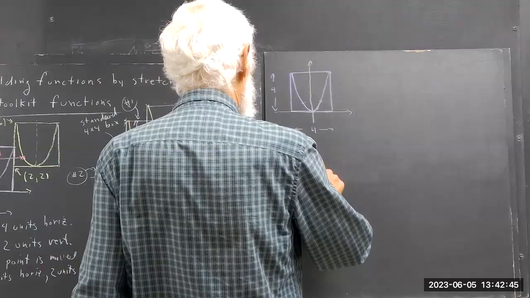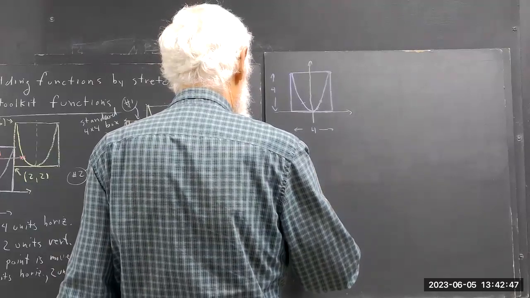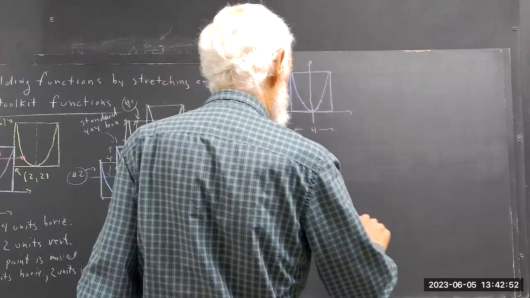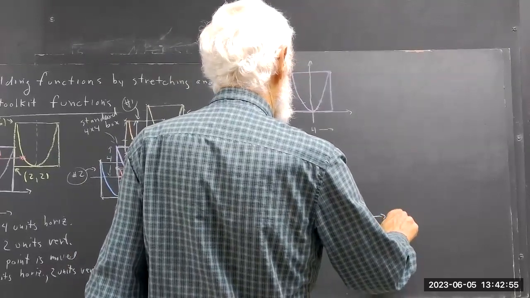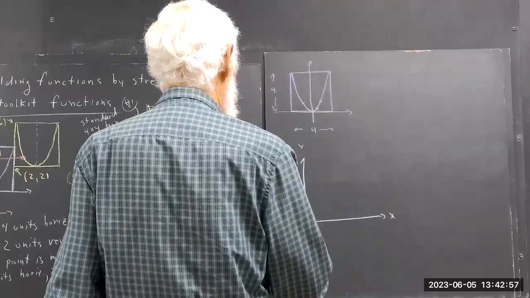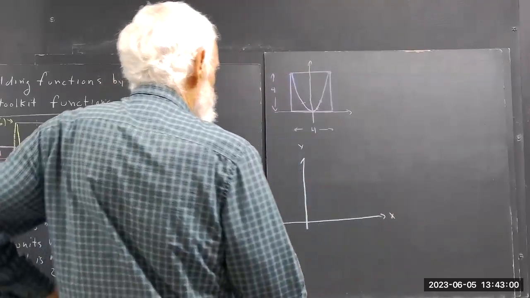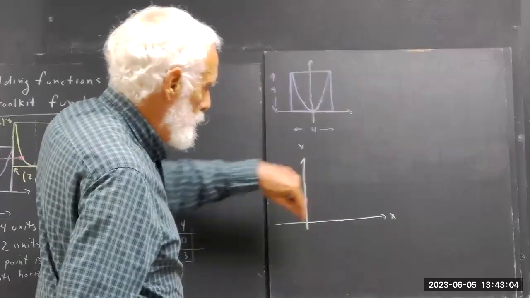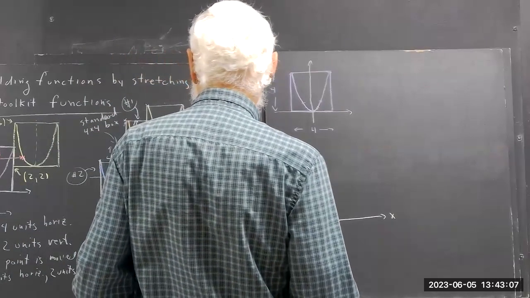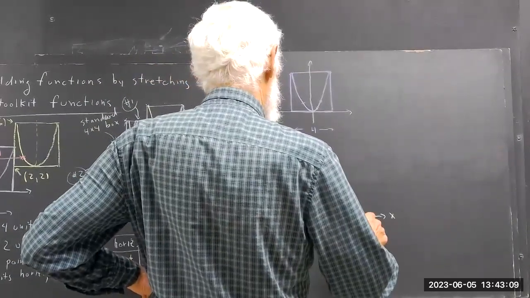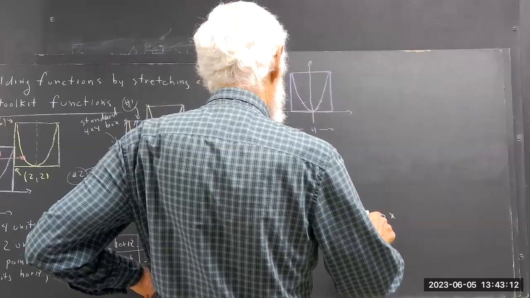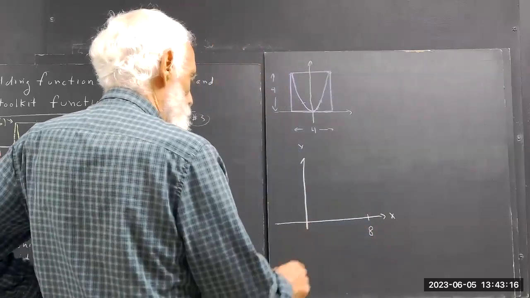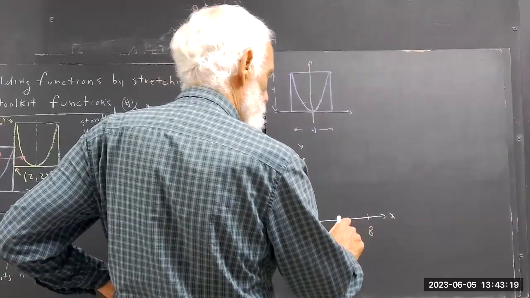So to be a little more careful, here's my X, here's my Y. I'm going to go out here to a scale of 8, and I'm going to subdivide my interval from 0 to 8.